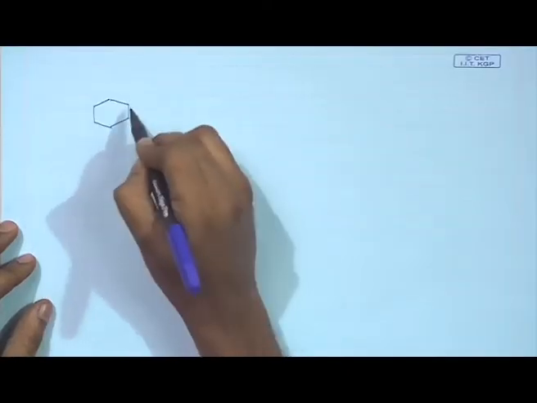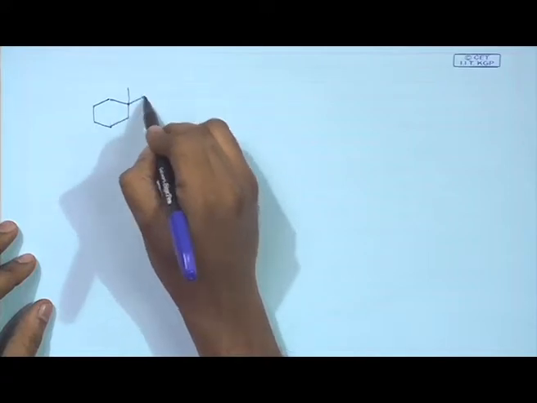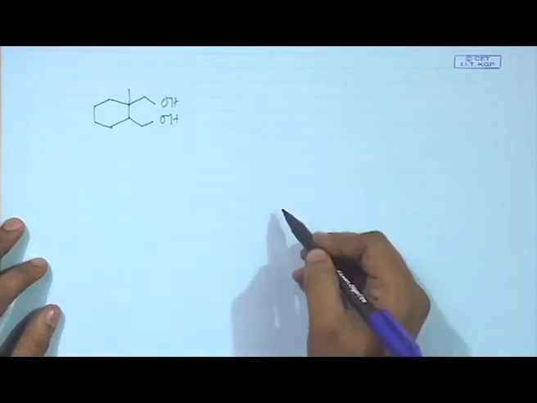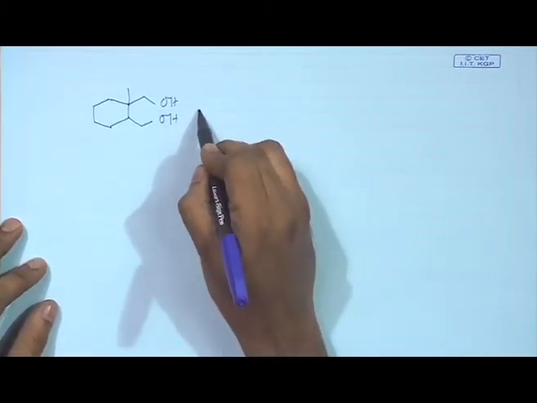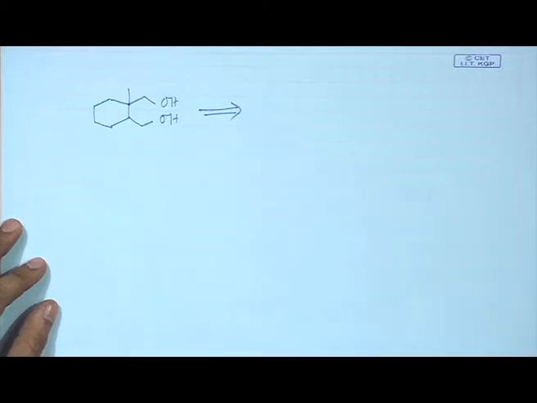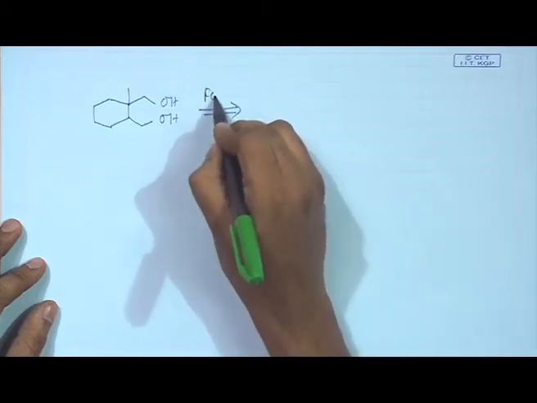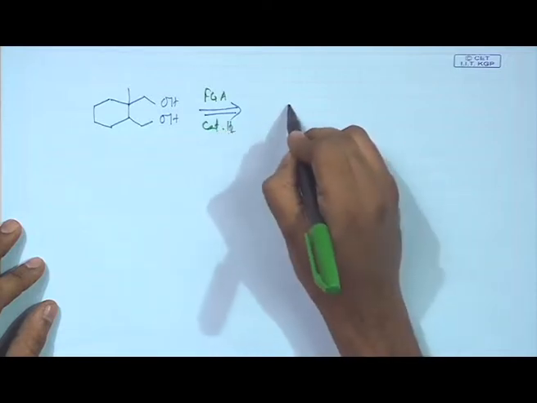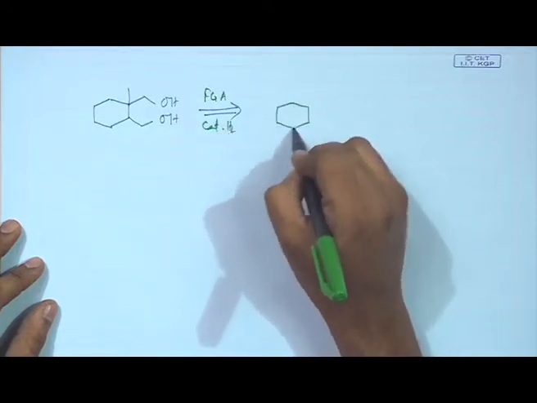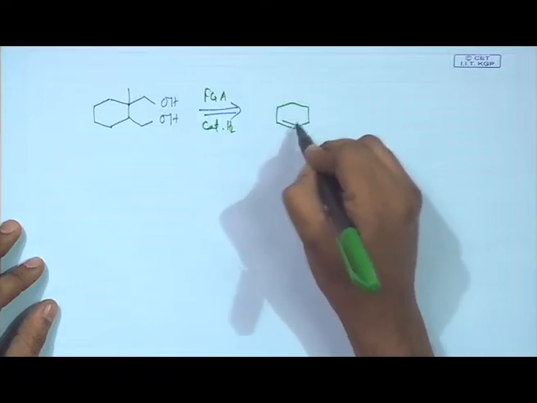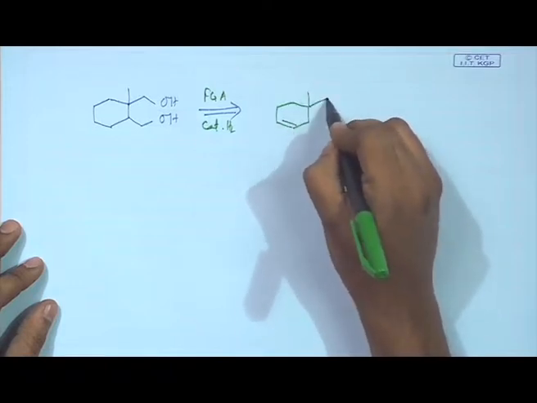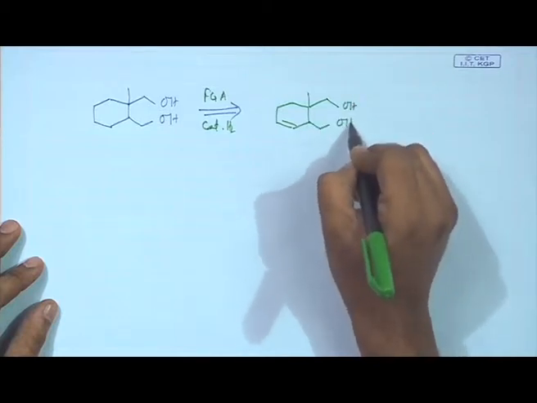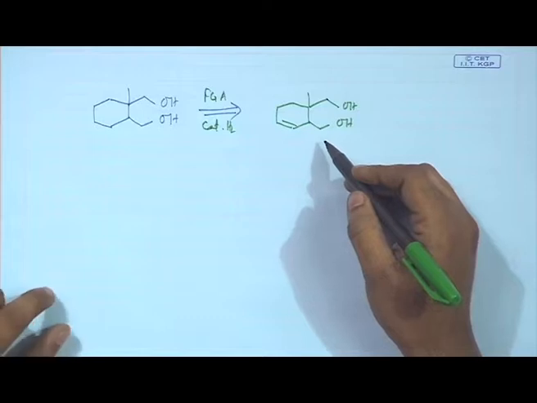We take the same target, and now we say we will be doing a functional group addition through catalytic hydrogenation, but now the intermediate which I am now drawing is a bit different.